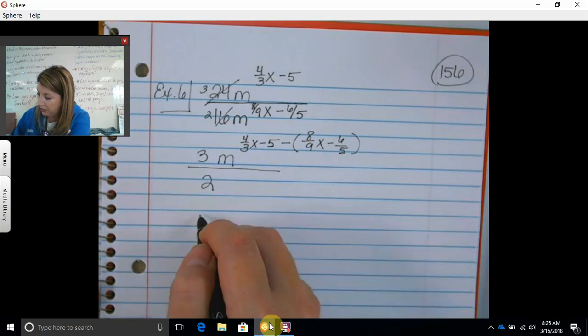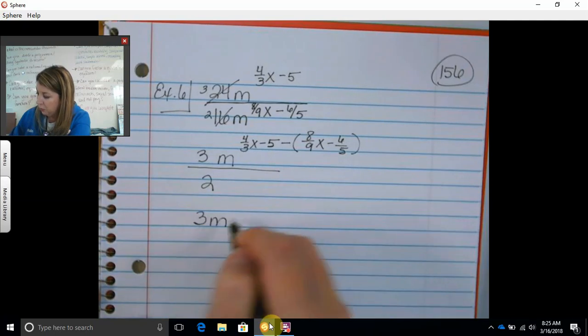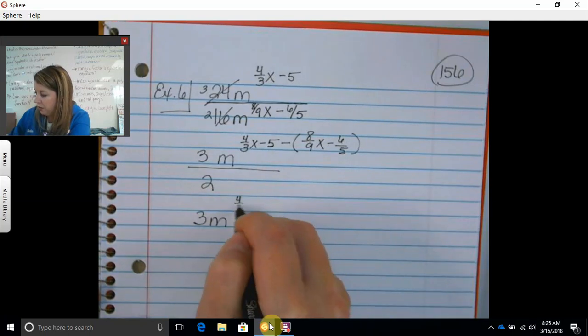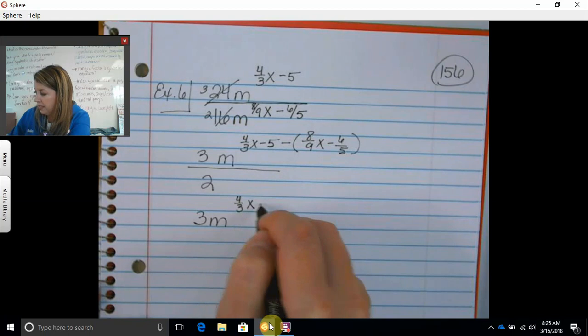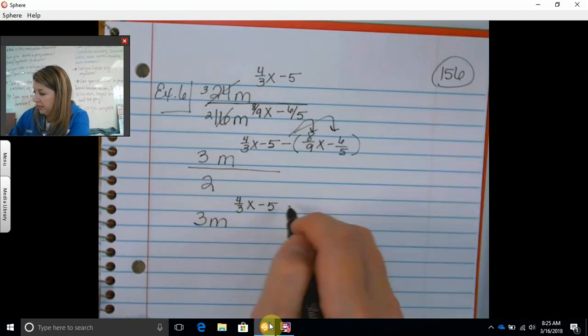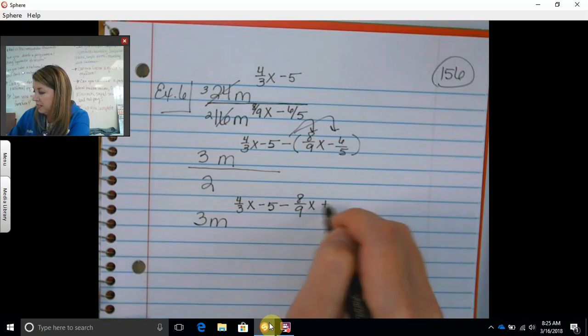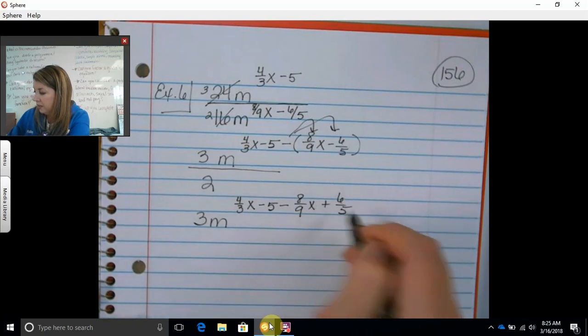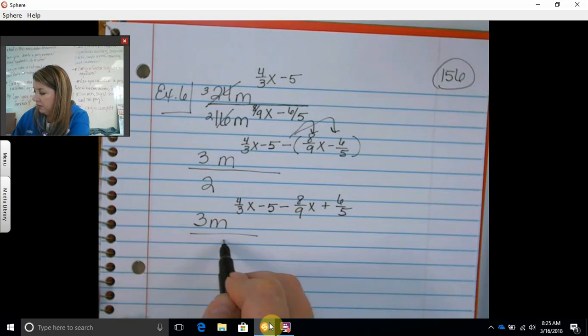All right, so I have in the numerator 3m raised to the 4/3 x minus 5, distributing the negative, minus 8/9 x plus 6/5, all over 2.